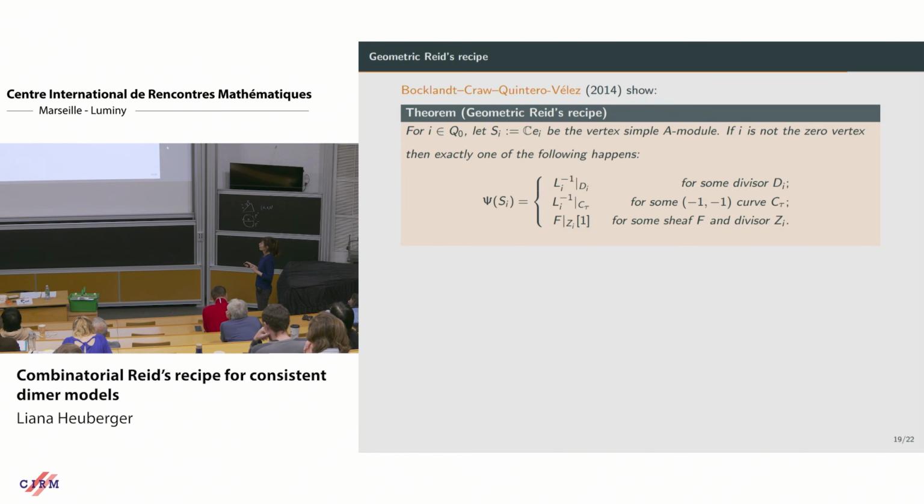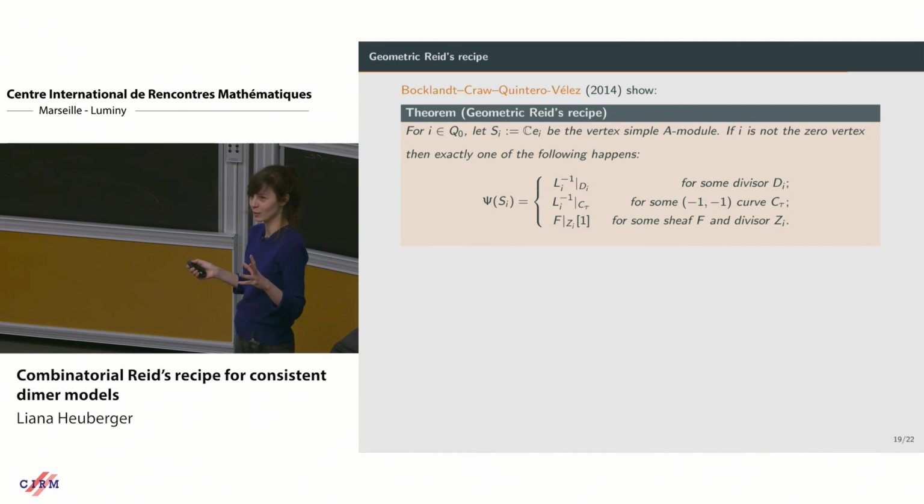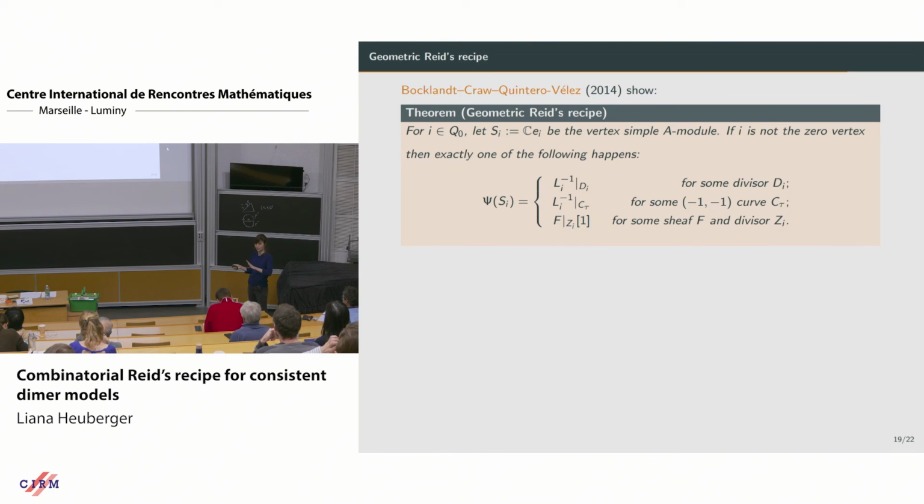So Bloch and Kroc and Quintero-Vélez showed that the images of these objects do have support on some divisors and on certain curves. But there is this case in which this F guy is very obscure and we don't really understand what its support is necessarily. But anyway, this is clearly a step in the right direction.